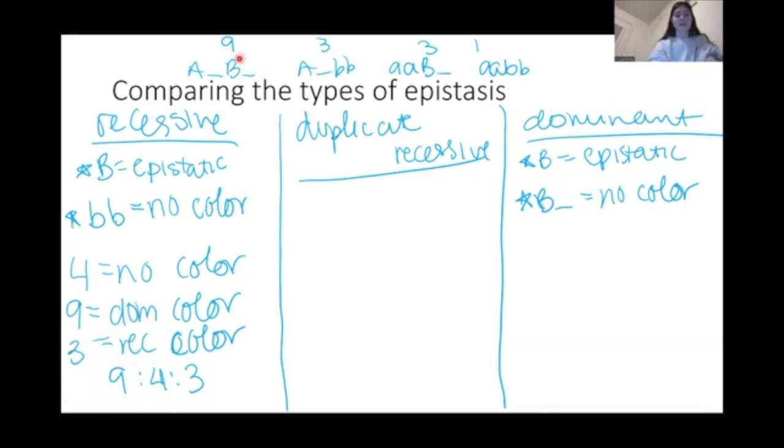So that happens right here in the 9 and right here in this 3. And again, you'll see it doesn't matter what our A gene is. If our B gene is dominant, it doesn't matter if A was dominant or recessive, it's going to get masked either way. So there's a total of 9 plus 3 that are going to have no color at all, which is 12.